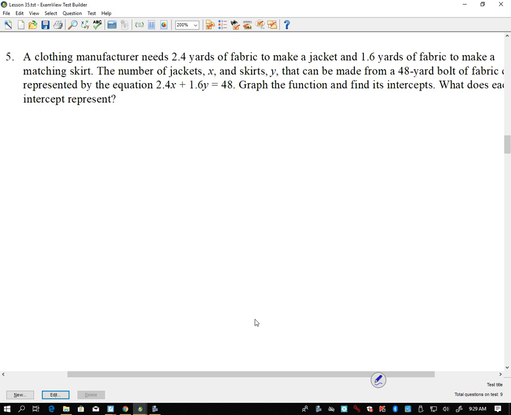Okay, so let's go ahead and solve for our x and y intercepts. If I want to solve for the x-intercept, Abby, what am I going to do? Yep, if I want to find the x-intercept, what do I do? What do I plug into my equation?